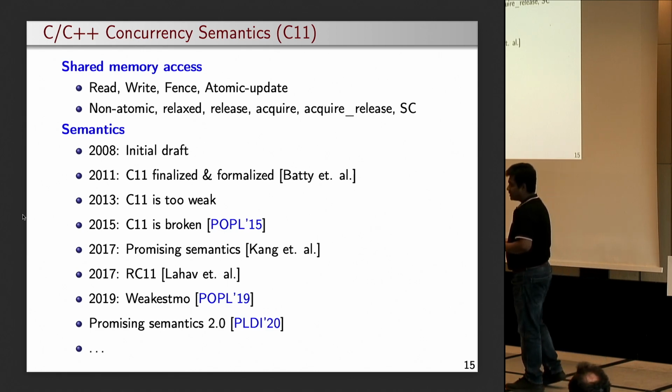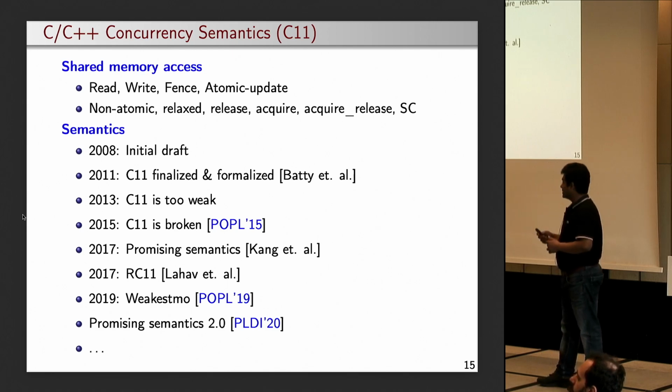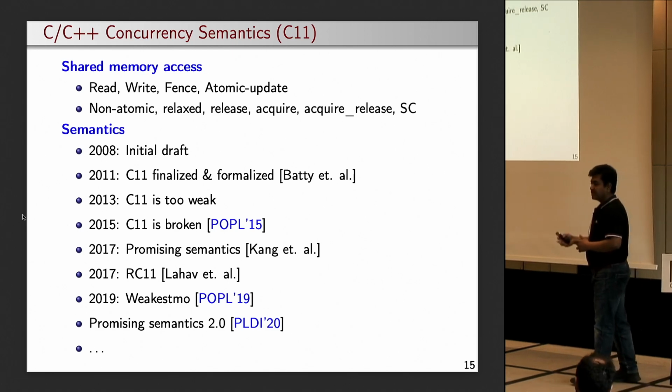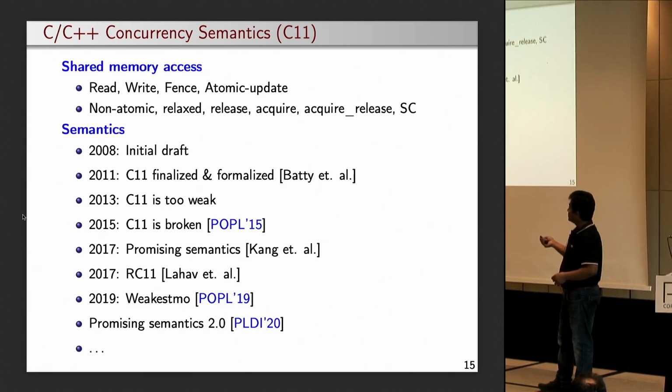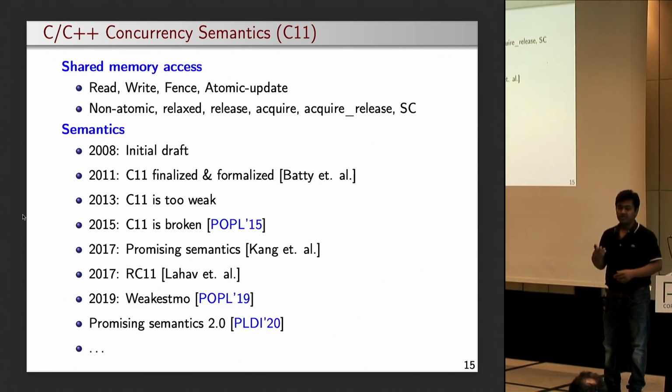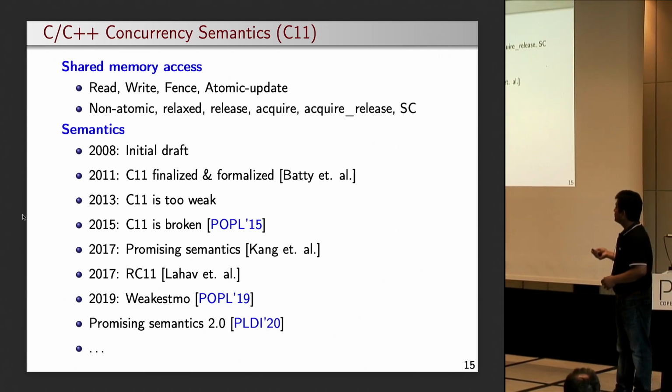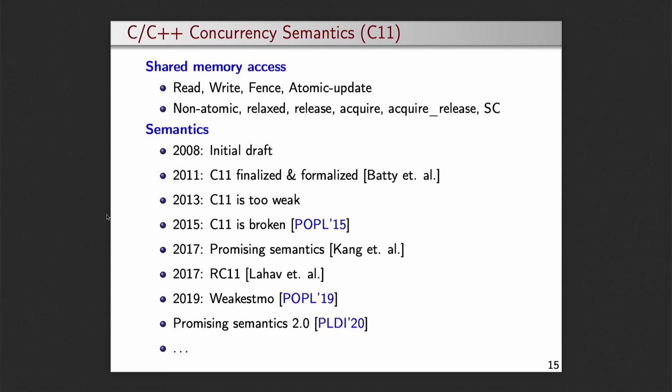Then several propositions were proposed to solve this problem. Two of the main ones, in 2017, were promising semantics, and also RC11 in the same year. They were trying to solve two different kinds of problems, but they improved the semantic model significantly.